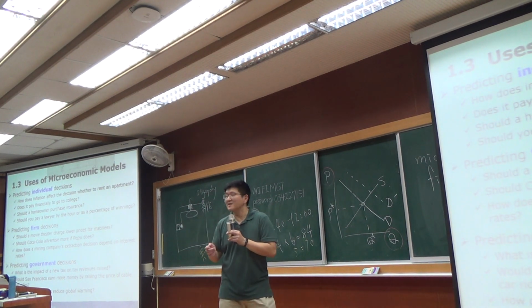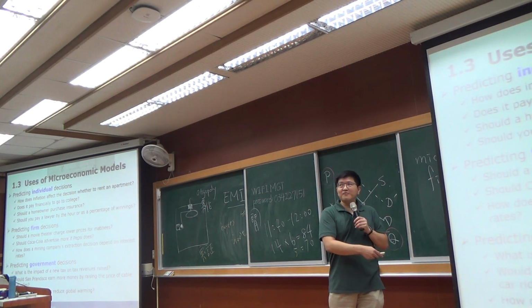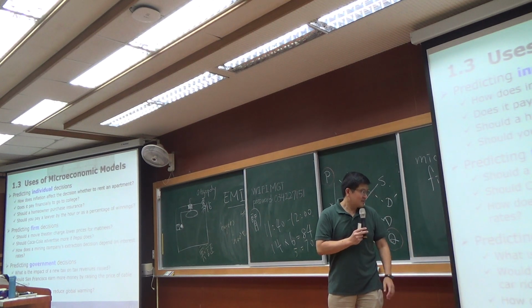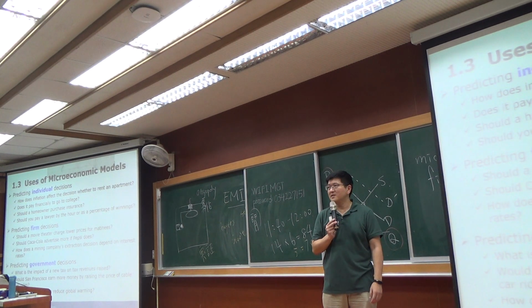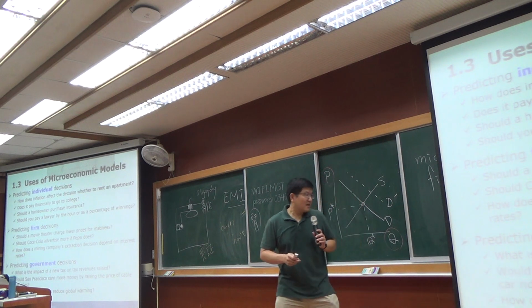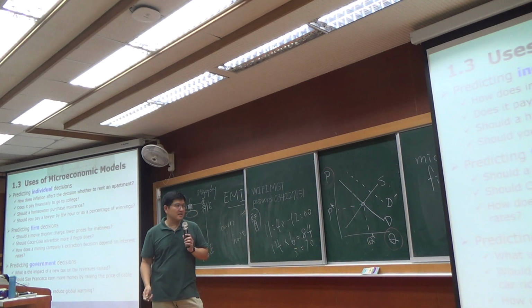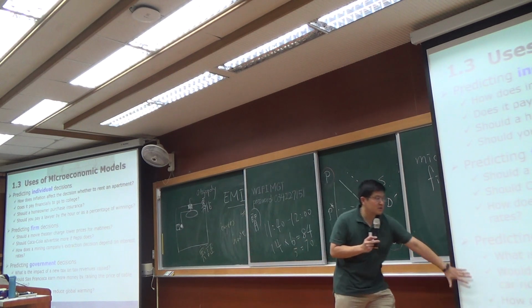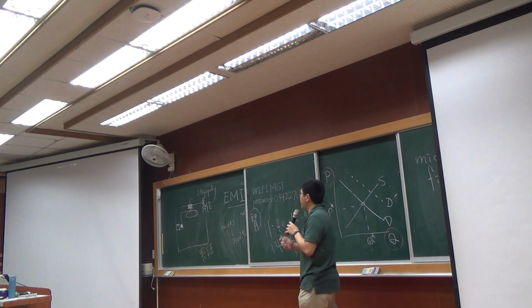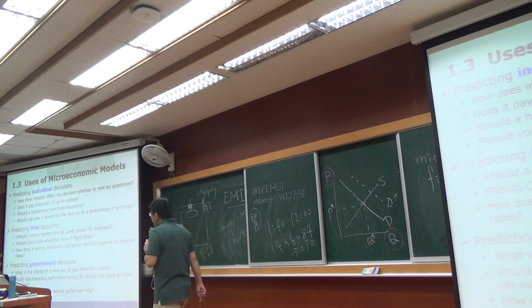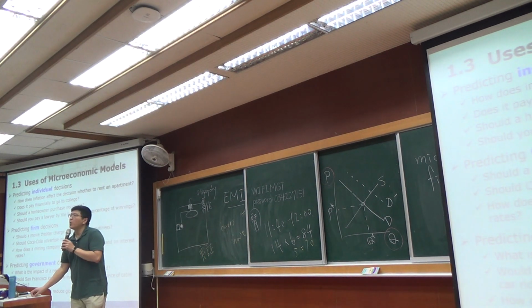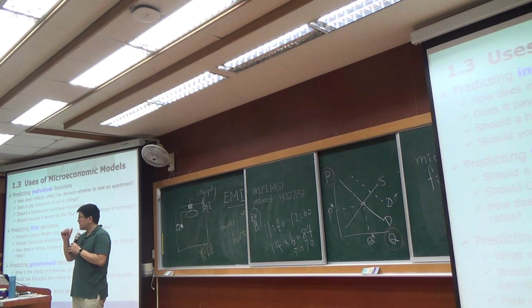You know that? Okay. I tried that several times. Fun for a sightseeing tour. Okay, how can pollution taxes reduce global warming? These issues are for the government. Okay. So this is chapter 1, just a kind of introduction about this course, microeconomics.